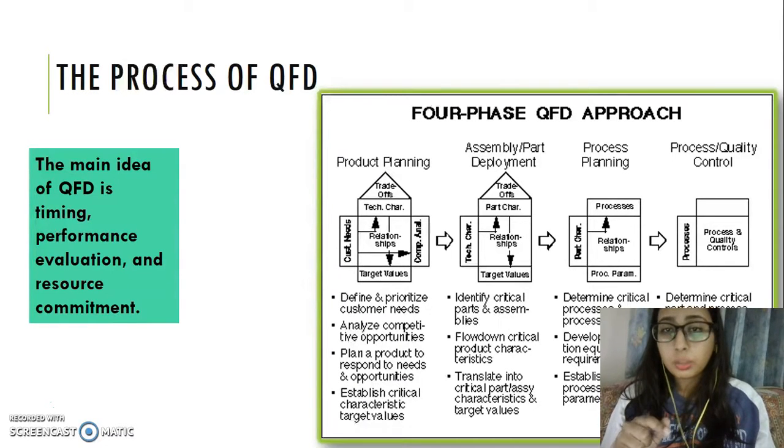In the process planning, you develop production equipment requirements as well, and you establish a critical process parameter or parameters. In the process of quality control, you also establish process control methods and parameters and inspection ways and test methods.